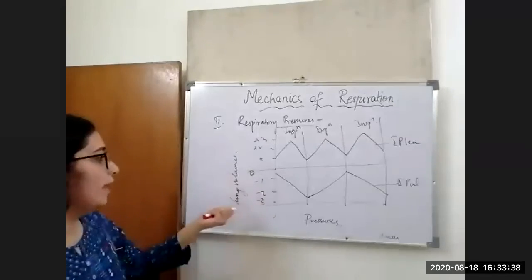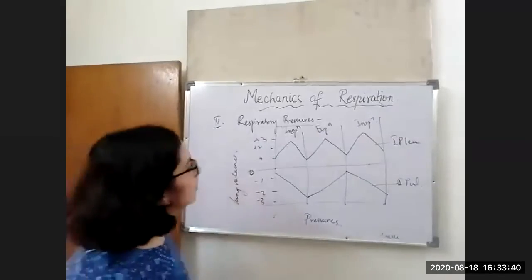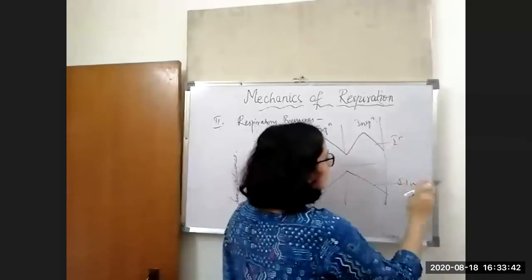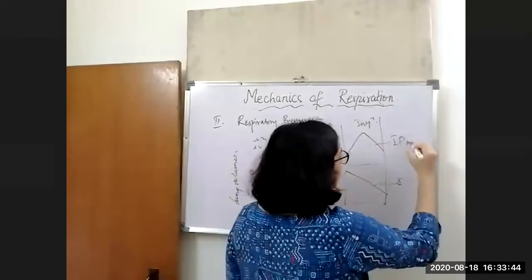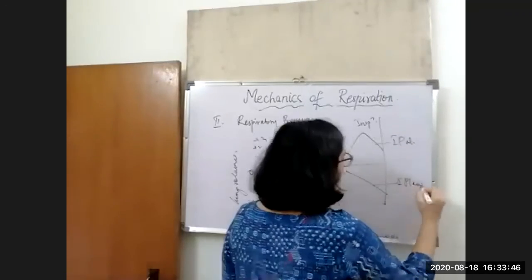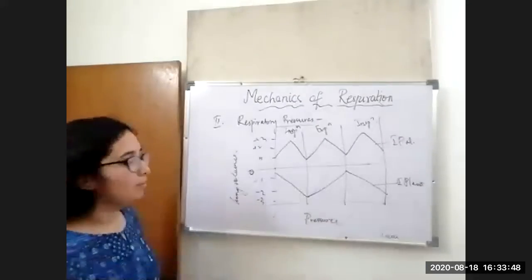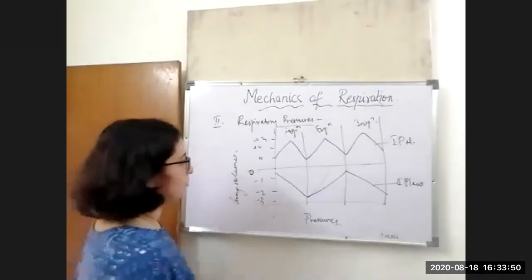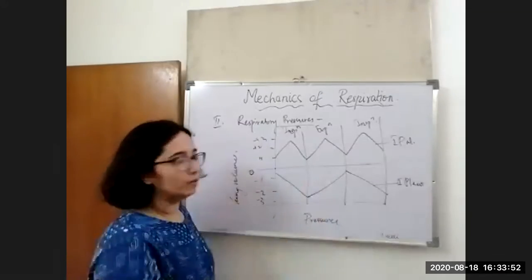Okay, sorry. This is your intrapulmonary and this is your intrapleural. So as we know, intrapleural always remains negative. It is a negative pressure, so it is below 0 all the time.